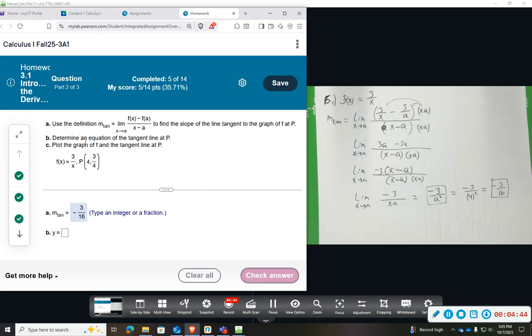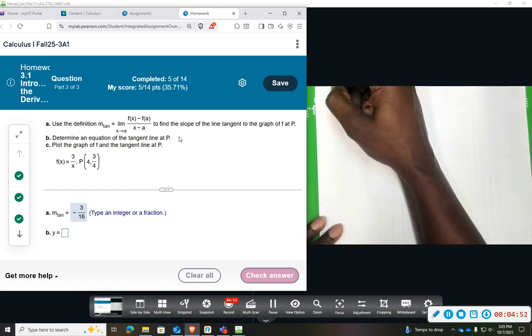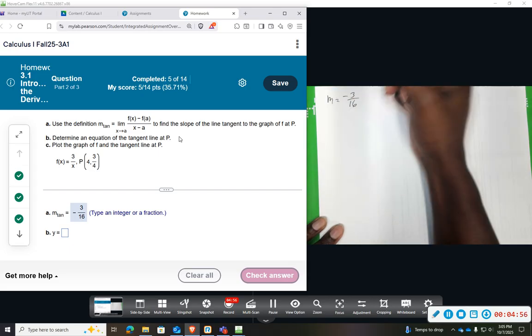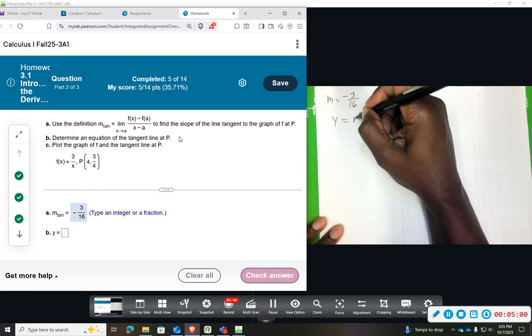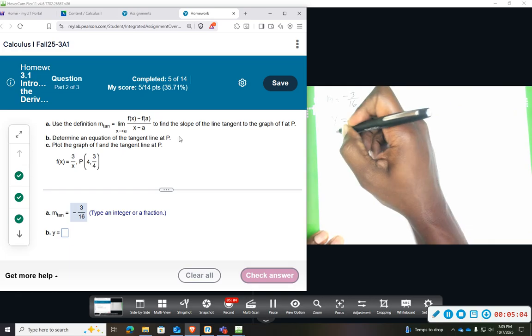So now we want to determine the equation of the tangent line at P. Use a new sheet. So now that we have our slope, negative 3 over 16, we're going to write our slope-intercept form, y equals mx plus b.